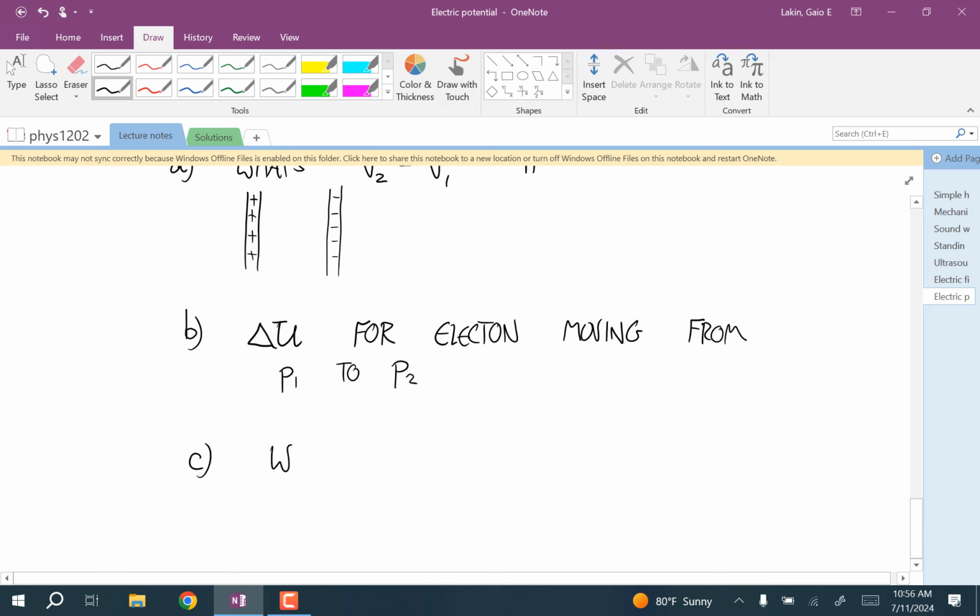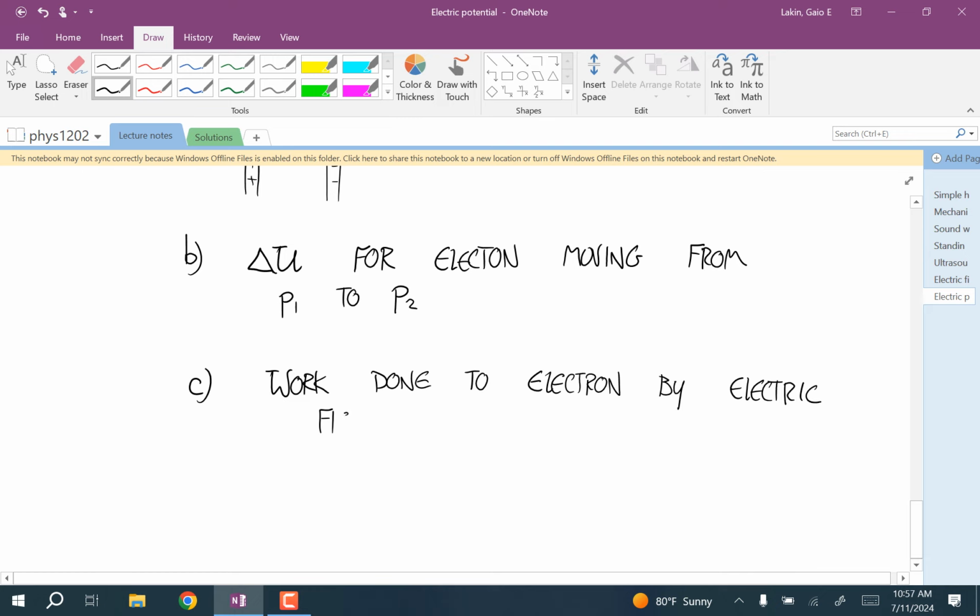And then we'll calculate the work done to the electron by the electric field as it goes from P1 to P2.